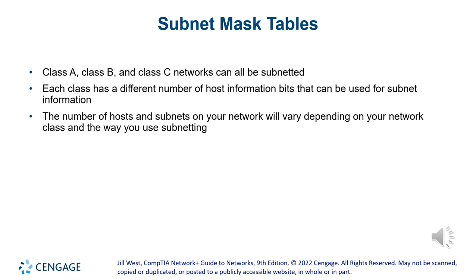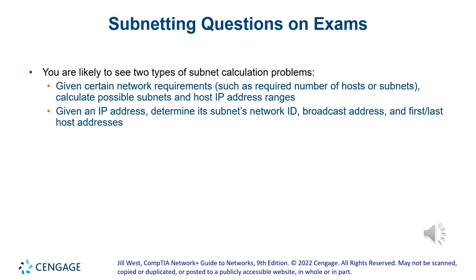There's an example coming up that will show you that. Also, there is a subnet mask table on page 437 of the book that shows you everything on a class B subnetting with all the subnet masks. That will show you how many hosts and how many networks you're going to have per each subnet mask.